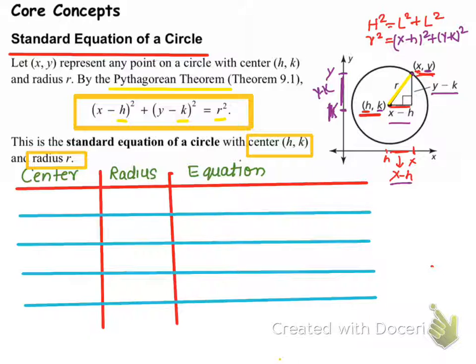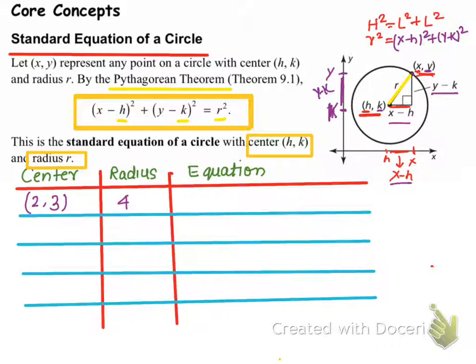All right, so let's take some basic examples here. Let's choose some random examples. If our center is 2 and 3 and radius is 4, our equation, I have to just plug it in.